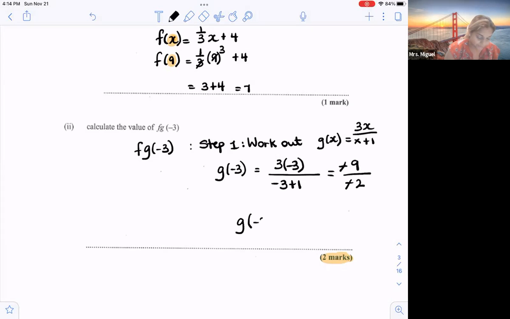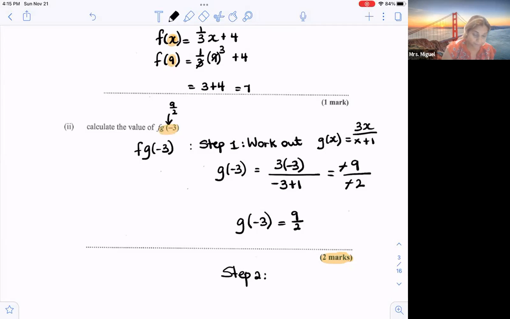So g of -3 is 9 over 2. So that would give you 1 mark. You found g of -3. Step 2. So this part you worked out already. This part is worth 1 mark, and this answer is 9 over 2.